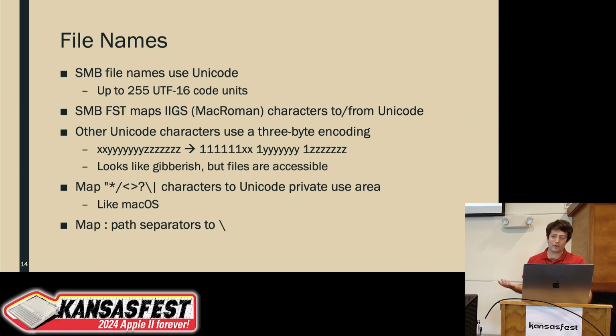And there are also a few punctuation characters that are prohibited on Windows, and therefore prohibited in the SMB protocol because it's following Windows. But macOS actually supports those characters, and it has a convention for how to map them to characters in the Unicode private use area. So essentially, we just use that same convention, which means we can support those characters too. If you have a Mac SMB server and those characters show up in file names, they'll map correctly back and forth to the 2GS.